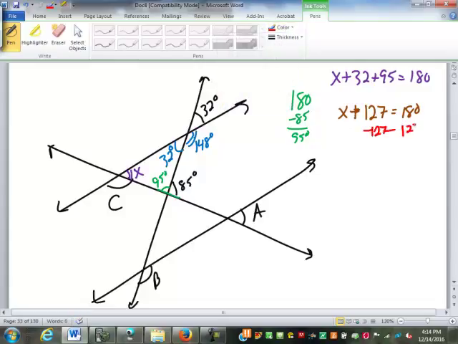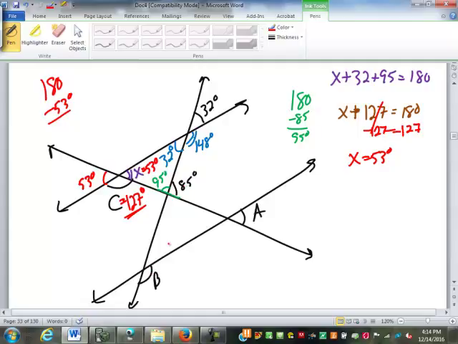Subtract the 127, x equals 53 degrees. So that means this is 53, and C has to be 180 minus 53, or 127 degrees. So we got C.